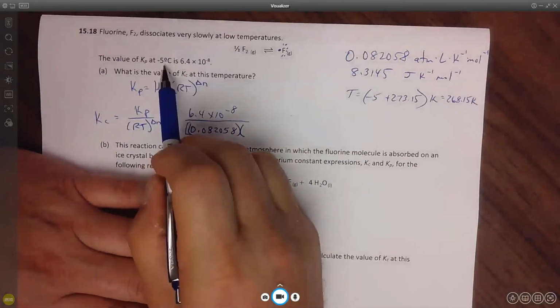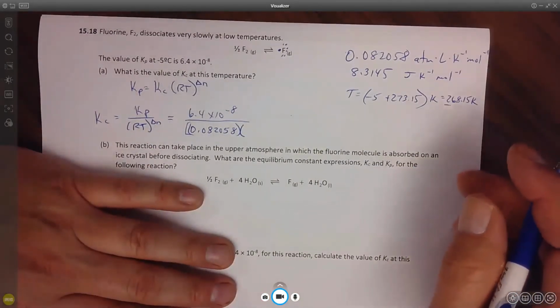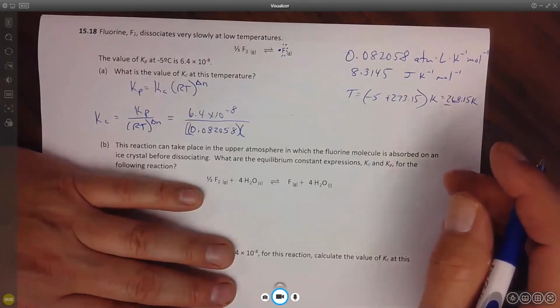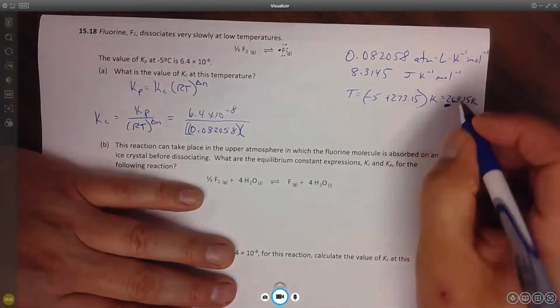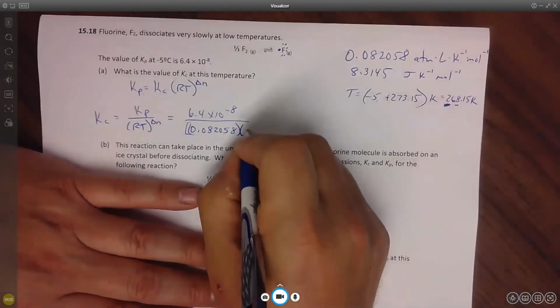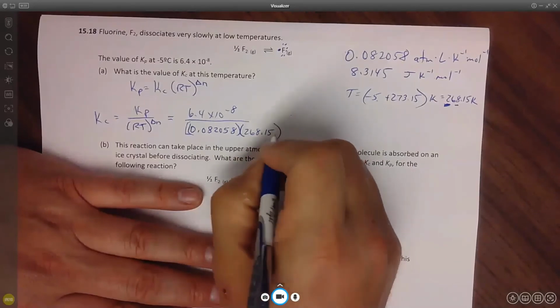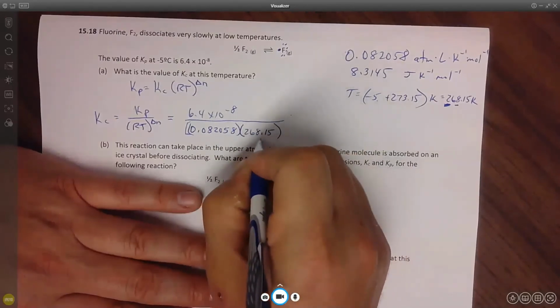This is 3 sig figs, right? If the decimal point is there, it's to here. So this is 268.15. And again, I'm going to ignore the units.